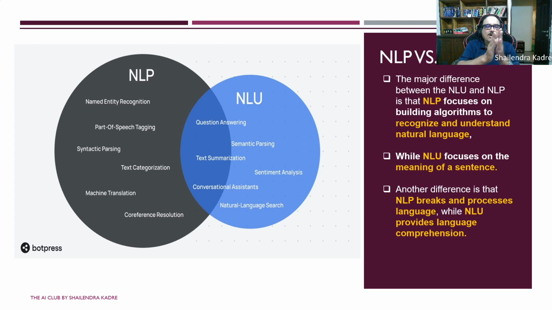So these two broad categorizations are done, but in corporate language, when you talk about NLP, it includes everything, both NLP and NLU. So when we talk about NLP, all these NLU things will automatically come into that. It's a broad convention.